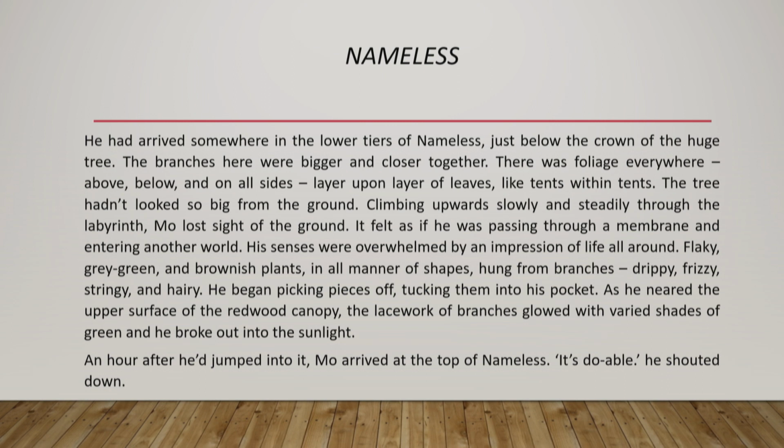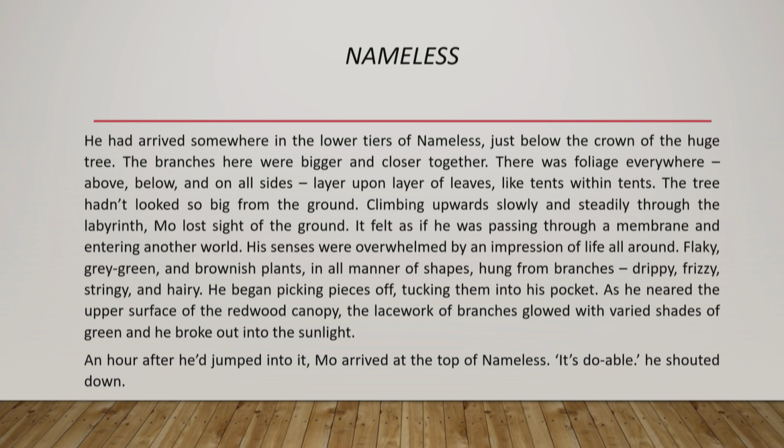His senses were overwhelmed by an impression of life all around. Flaky, grey-green and brownish parts in all manner of shapes hung from branches, drippy, fizzy, stringy and hairy. He began picking pieces off, tucking them into his pocket.